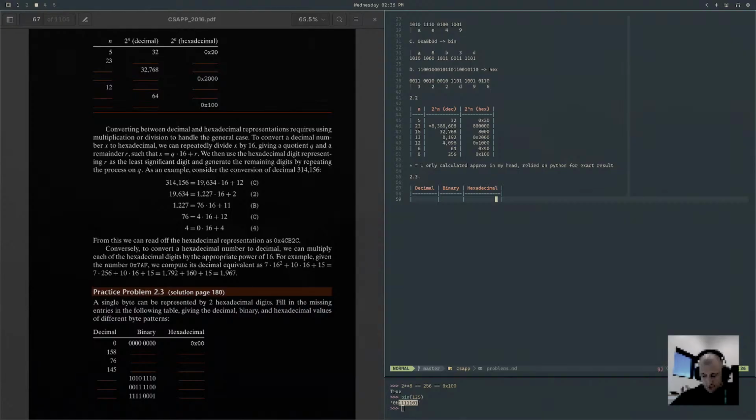Okay, we got 1, 2, 3, 4, 5, 6, 7. 1, 2, 3, 4, 5, 6, 7. So that gives the decimal 0. Binary 0. Hexadecimal is going to be 0x0. I would say that's right?